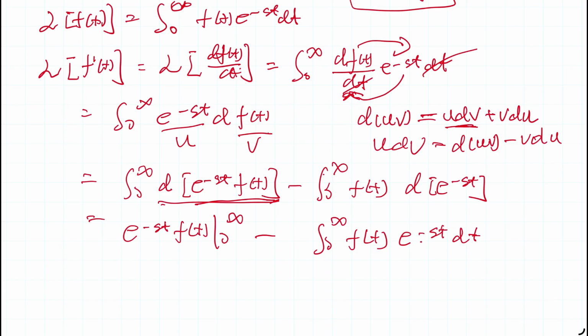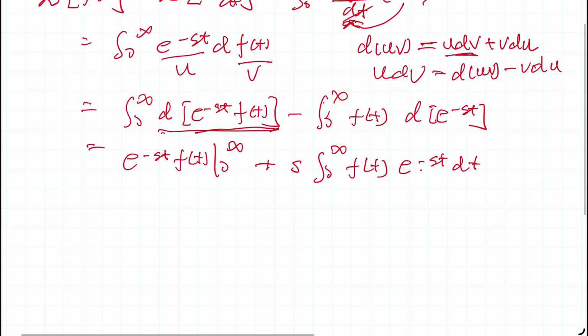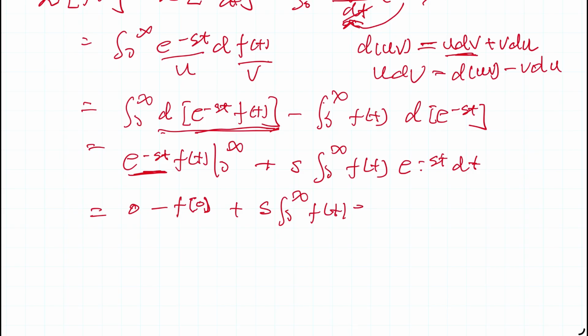The minus s is a constant, so we take it out, and this turns into plus s. When t is infinity, this term has a negative exponent and turns into 0. When t is 0, this term turns into 1, so you get f(0) back. And we can rearrange this term as s times the integral from 0 to infinity of f(t) e^(-st) dt.